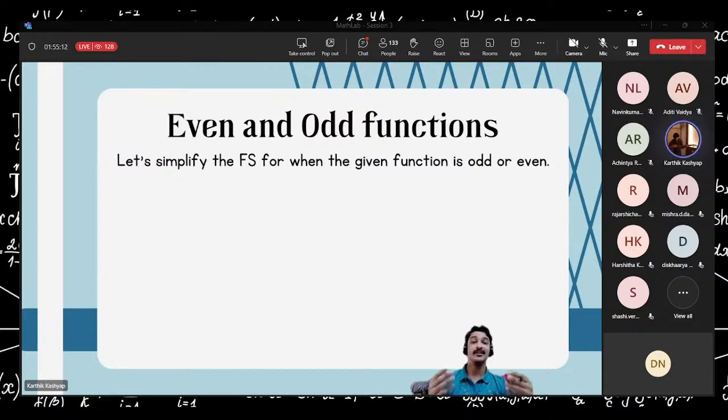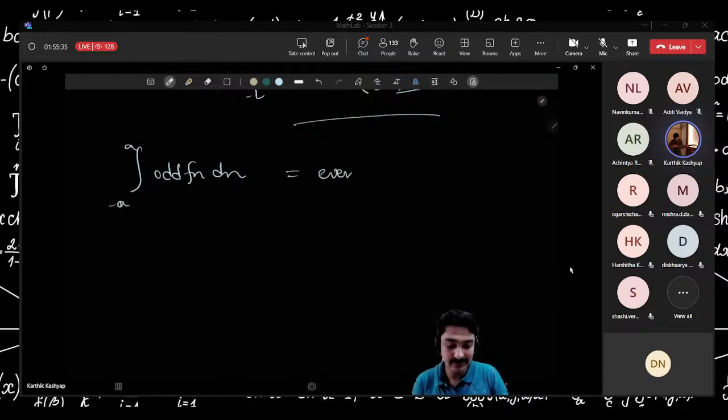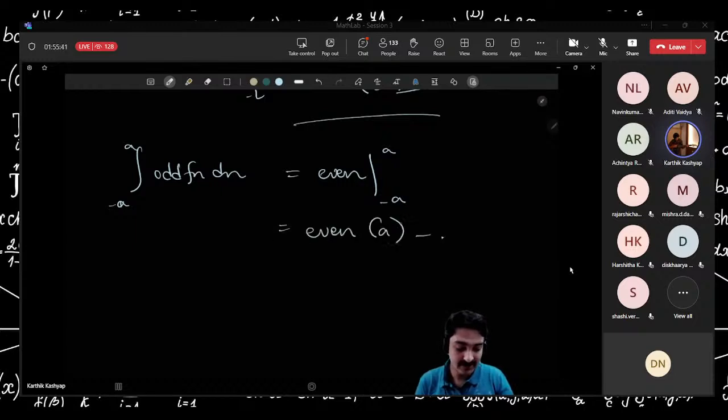As a property of definite integrals, the integral of an odd function dx from minus a to a will give some even function with the limits minus a to a. So this is even at a minus even at minus a. As it is an even function, even at minus a is equal to even at a. So these both cancel out. This will be equal to 0.